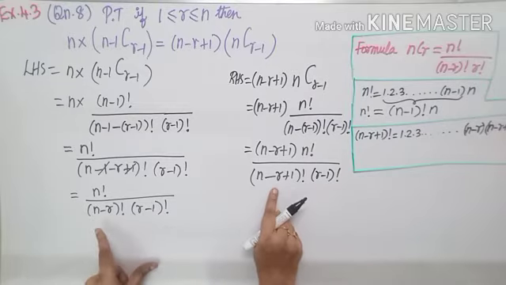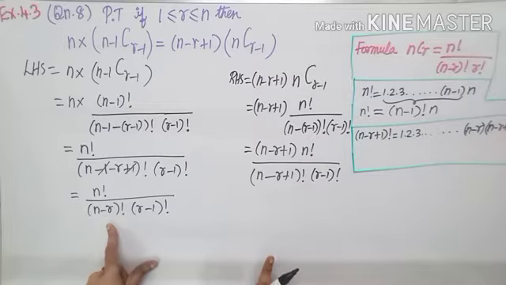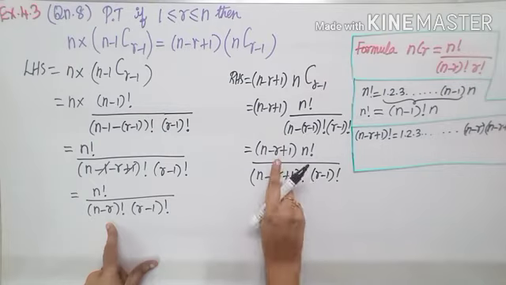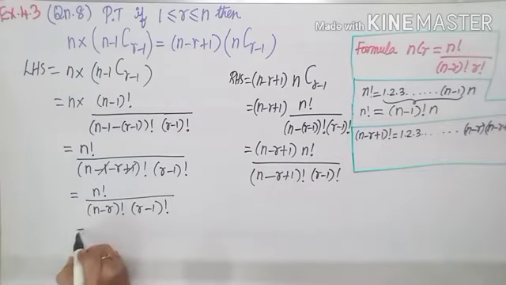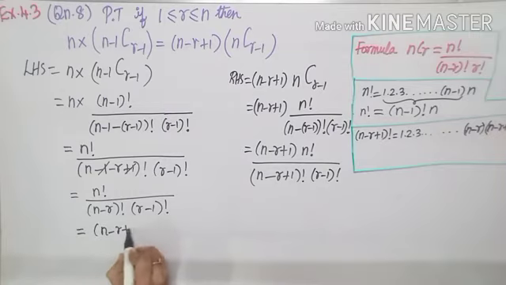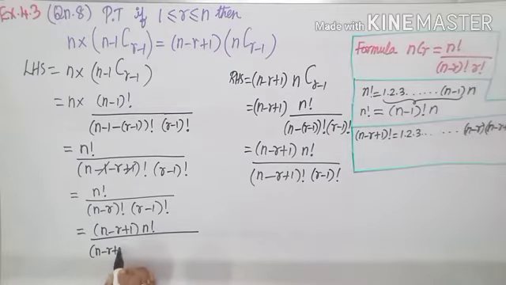But here I have n minus r plus 1, but here n minus r is coming. The numerator, this is extra. So what should I do? Multiply this term up and down. So I get n minus r plus 1 into n factorial divided by n minus r plus 1 into n minus r factorial into r minus 1 factorial.